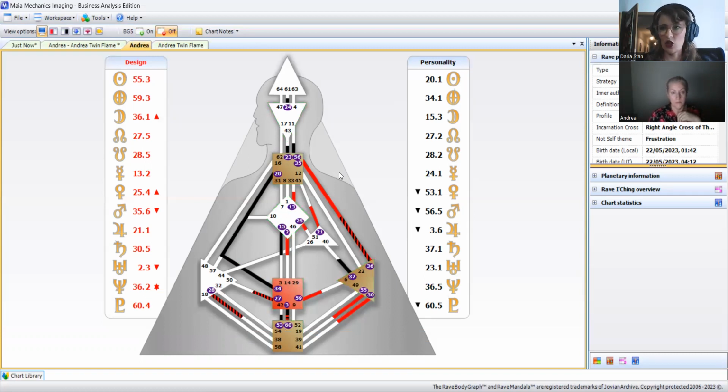As a manifesting generator, you are here to respond. That's your strategy. You have to go through life by responding. And responding to what? You can obviously respond to people, but you can respond to life itself. For example, the dishes in the sink are there. They are a question for you to respond to.